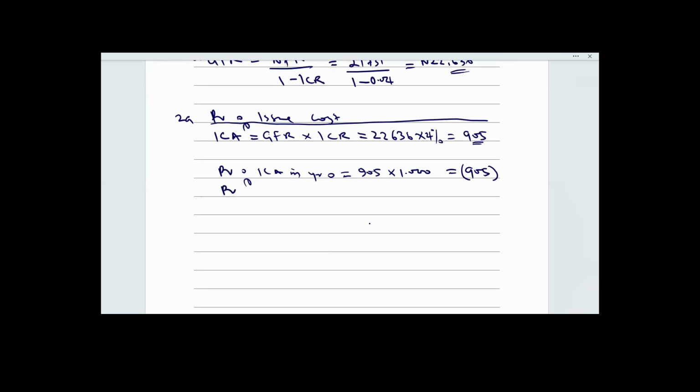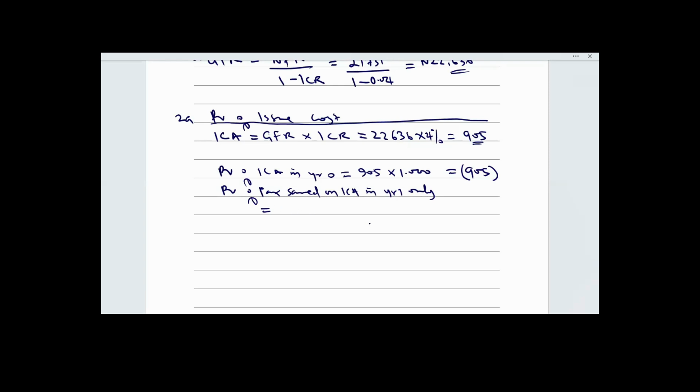Then you are going to calculate the PV of tax relieved on issue cost amount in year 1 only. Of course, it will be the issue cost amount. I've already given you the formula.